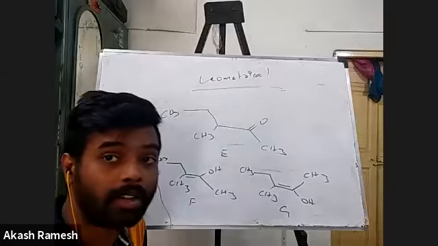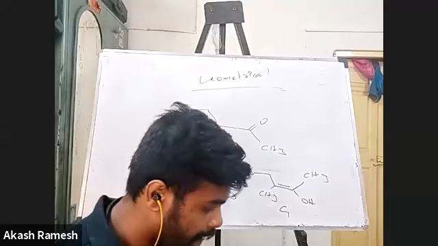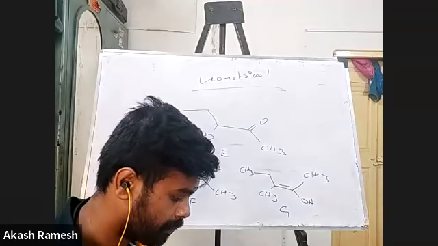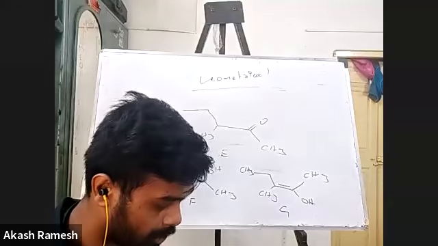Hope you're taking it down. Please take down the options. Option A: E, F, G are resonance structures.